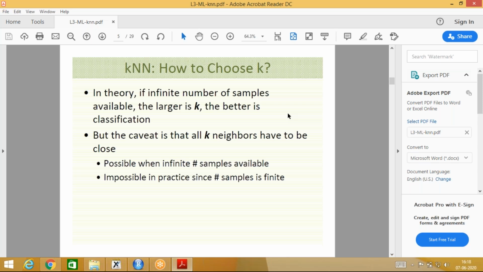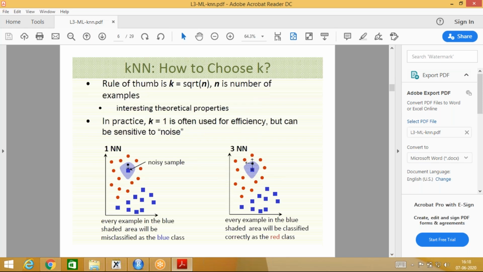If the K neighbors are very scattered away, as I showed in the example just now, then there is a problem. It is possible when an infinite number of samples are available, and impossible in practice because the number of samples is finite. So ideally, the bigger the K, the better. But how big? That is the question.